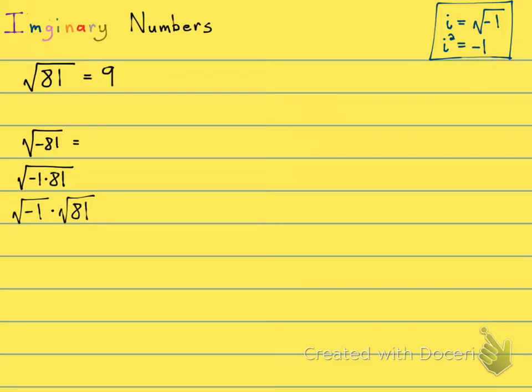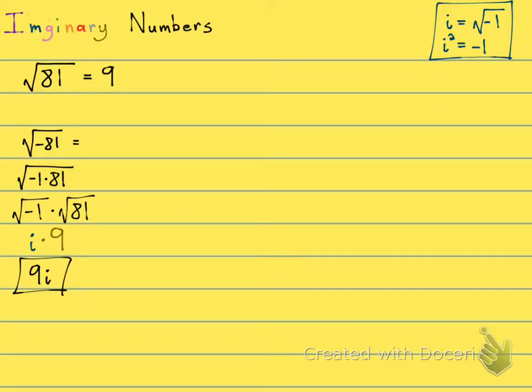Now the square root of negative 1, like we said just a minute ago, is i, and the square root of 81, we know that is 9. So this is i times 9, and we're going to put them just like we do our variables with a coefficient. We're going to write it as 9i.